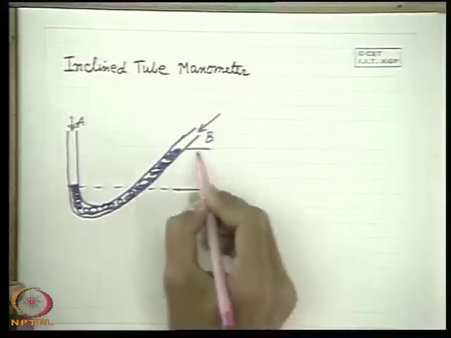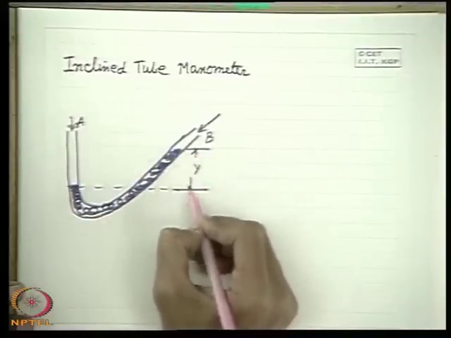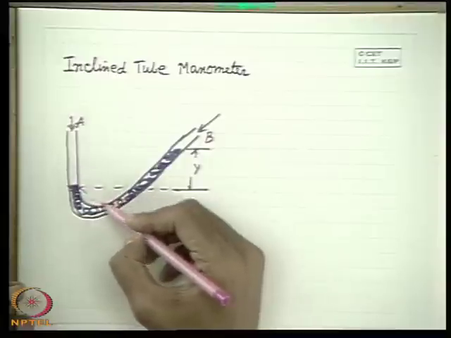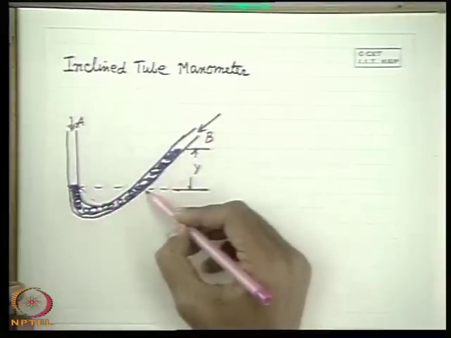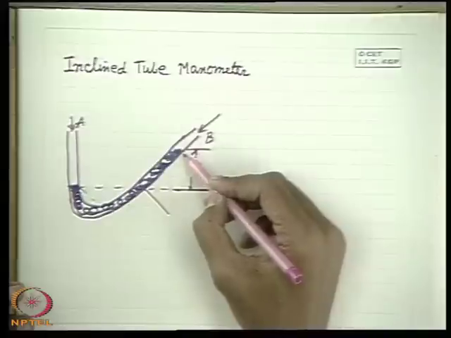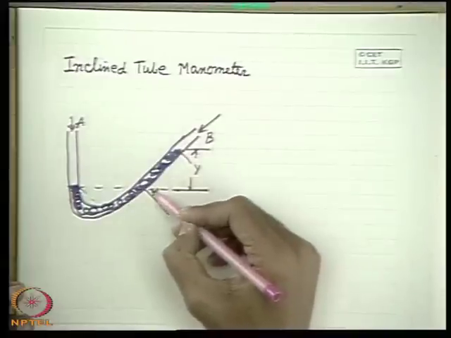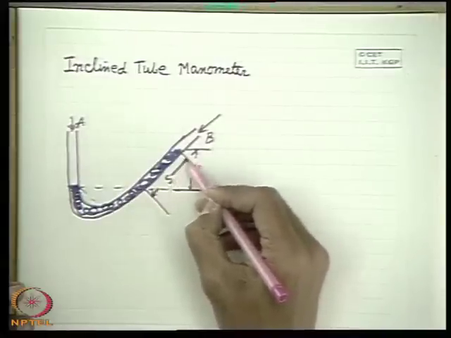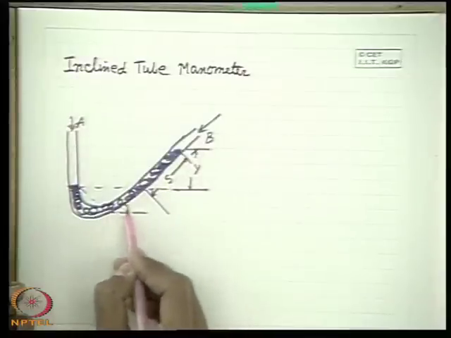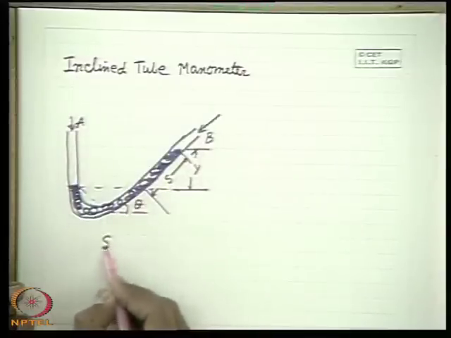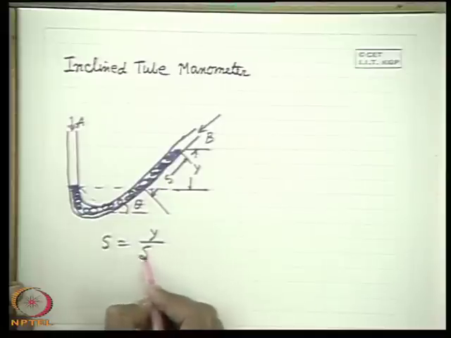For a vertical deflection y, this corresponds to a deflection s along the pipe with a magnification. If this angle is theta, s is equal to y by sin theta.